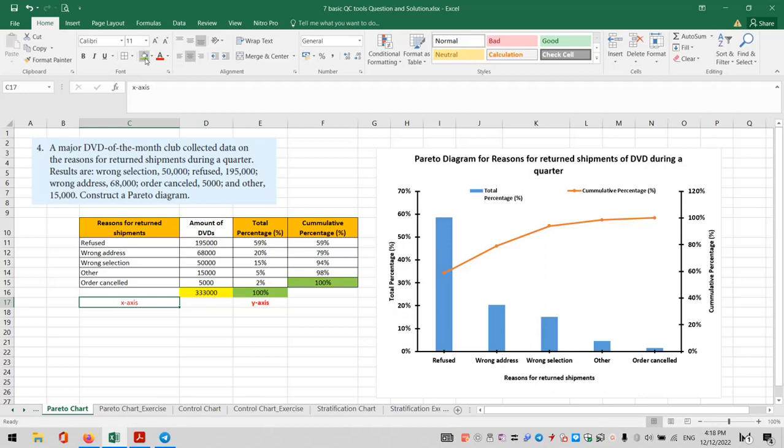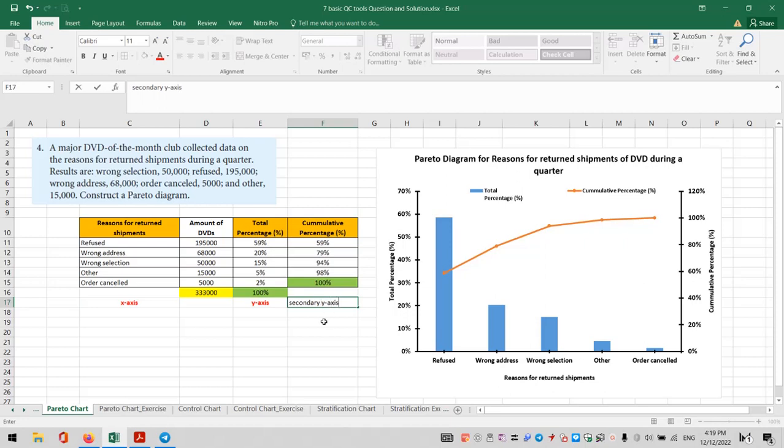Here, the cumulative percentage is on the secondary y-axis.